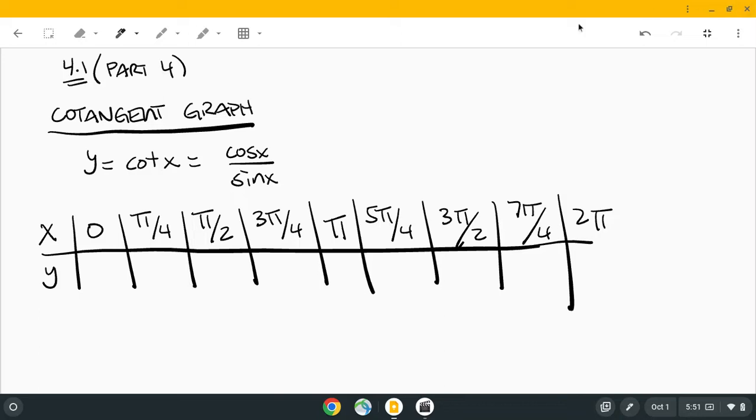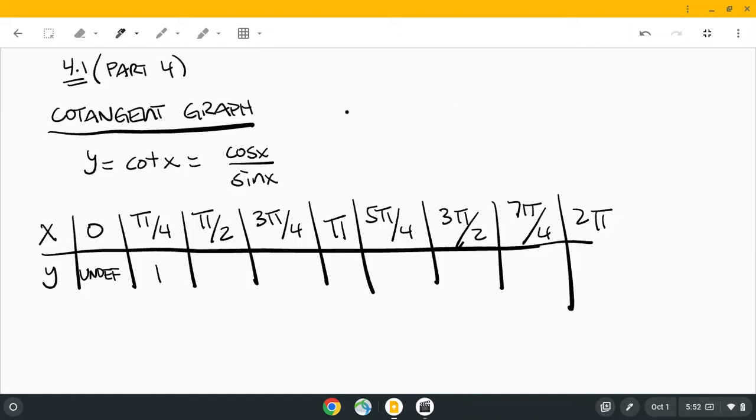Starting with 0, cosine of 0 is 1, but sine of 0 is 0. That means we get 0 in the denominator, which is undefined. At pi over 4, cosine and sine are the same, so it's positive 1.